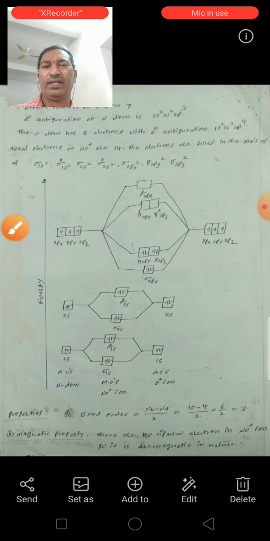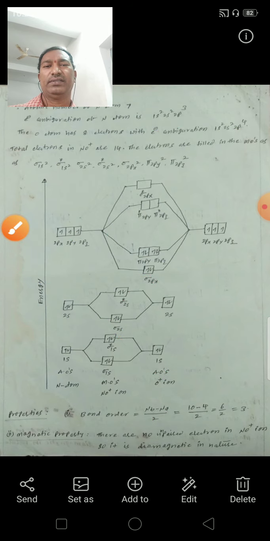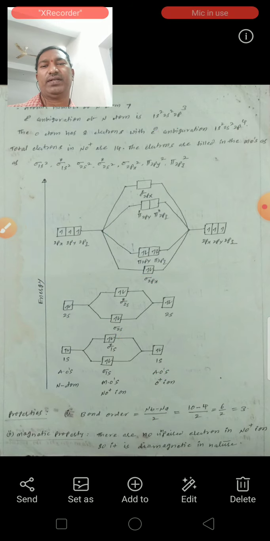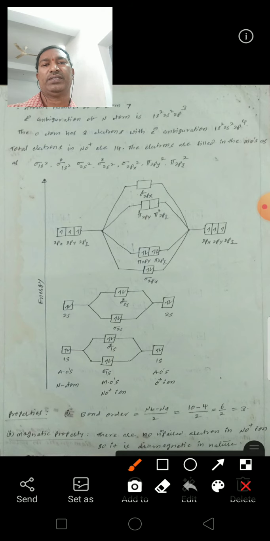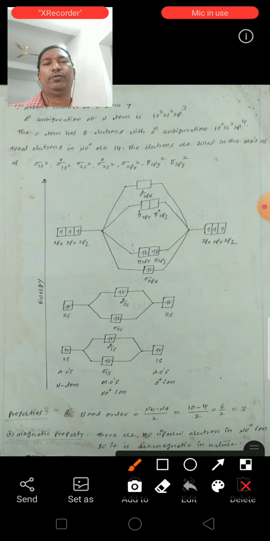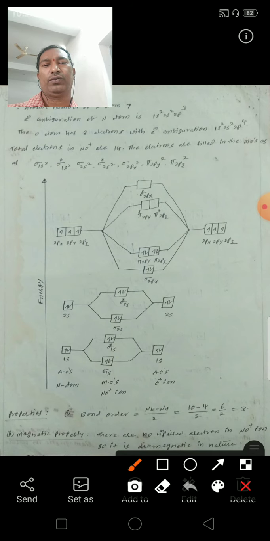Okay, these 14 electrons are arranged in molecular orbitals like here: sigma 1s2, sigma star 1s2, sigma 2s2, sigma star 2s2, sigma 2px2, pi 2py2, pi 2pz2. Total 14 electrons.